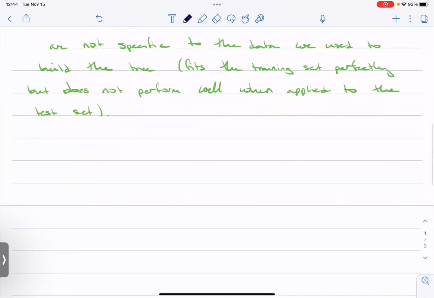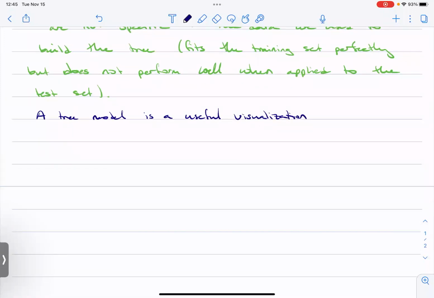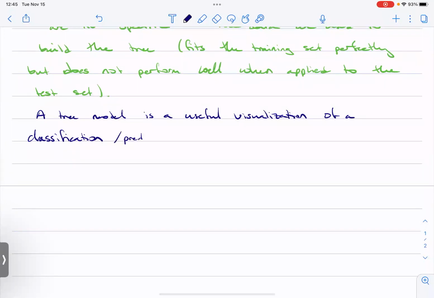And so a tree model is a useful visualization of a classification or prediction model, though usually it's for classification.